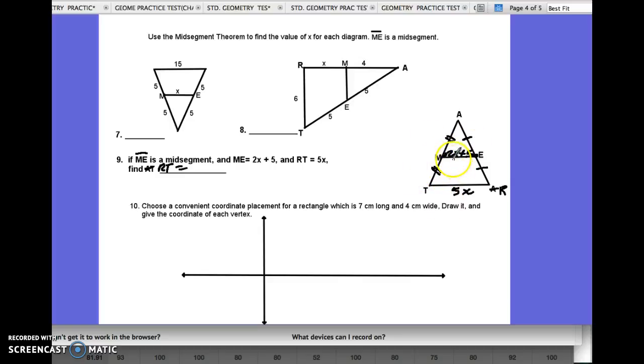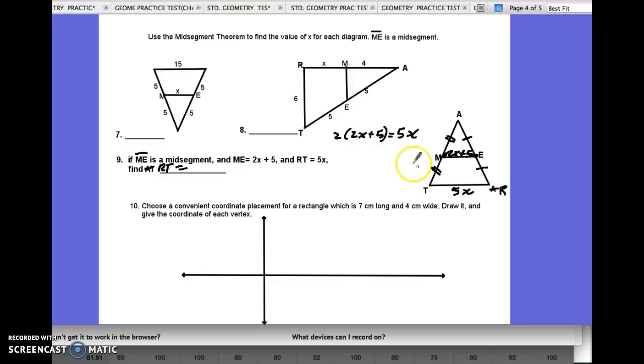So let's see how we can set that up. Here's what I told you. I told you that the mid-segment is a half of this third side. Therefore, if I double this mid-segment, I'm going to get the third side. So here's the setup. 2 times 2x plus 5 is going to be equal to the third side, which is 5x.